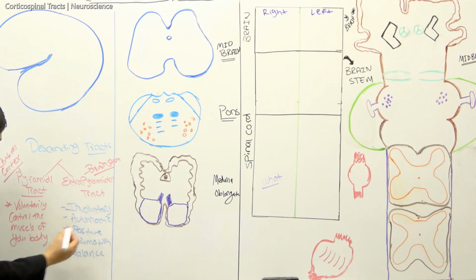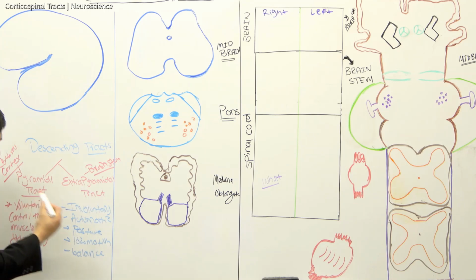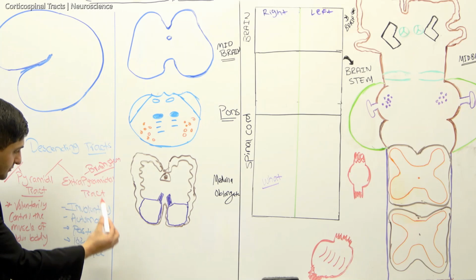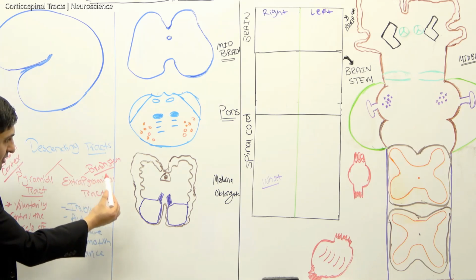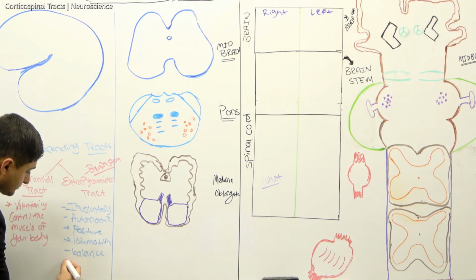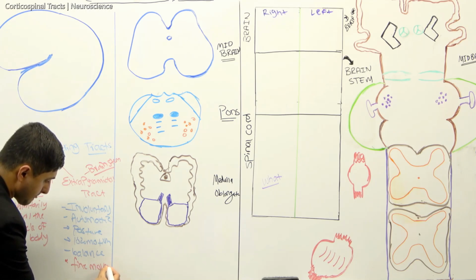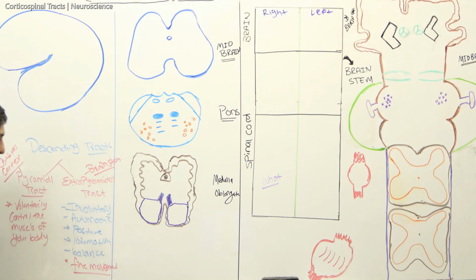So the difference is that the pyramidal tract voluntarily controls the muscles of your body, and the extrapyramidal tracts, whose cell bodies are found in the brainstem, automatically and involuntarily control balance, locomotion, posture, or fine movements also. Fine movements are done by the extrapyramidal tract.